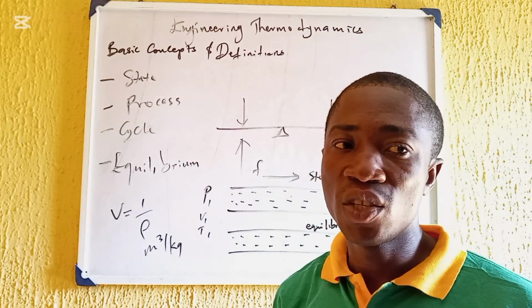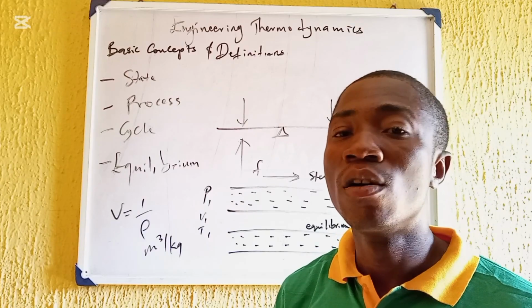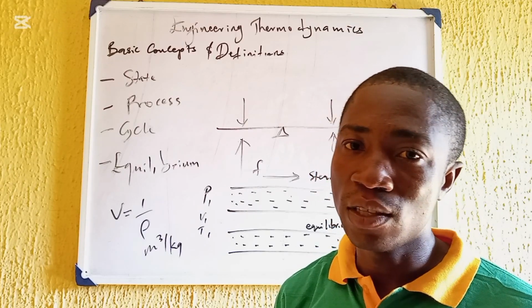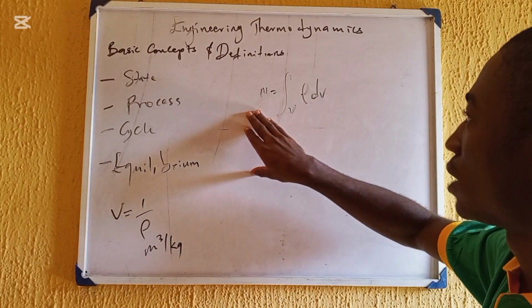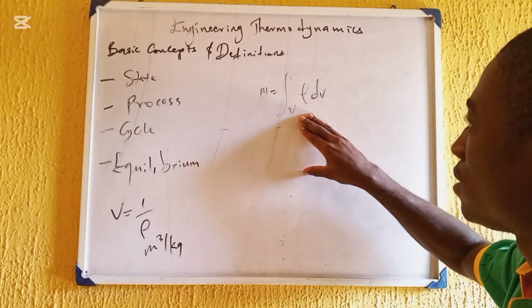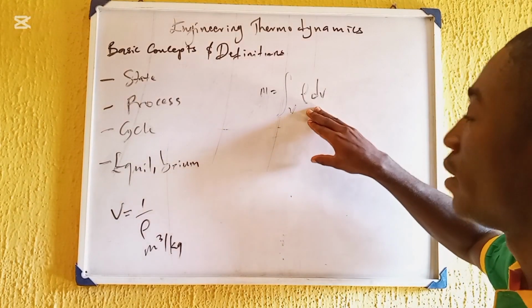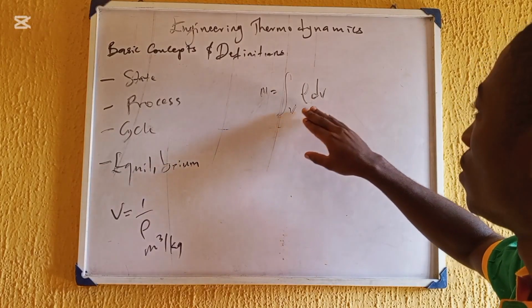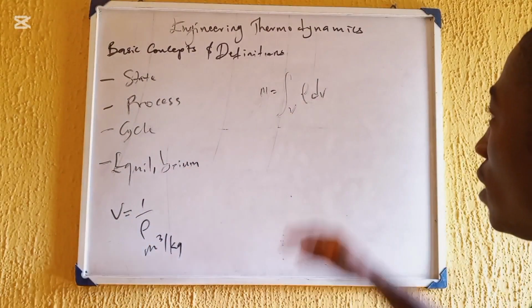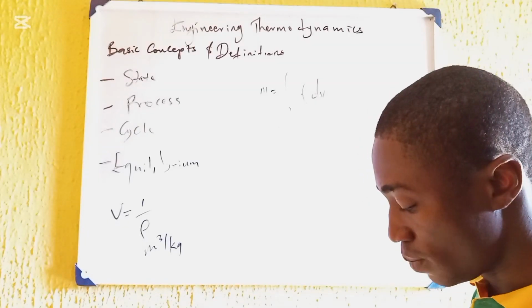So in thermodynamics, we usually use the uppercase letter for volume and the lowercase letter for specific volume. So if we want to calculate the mass of a gas, knowing the density, we do the volume integral of the density. That's integral of density with respect to volume, that's dV.